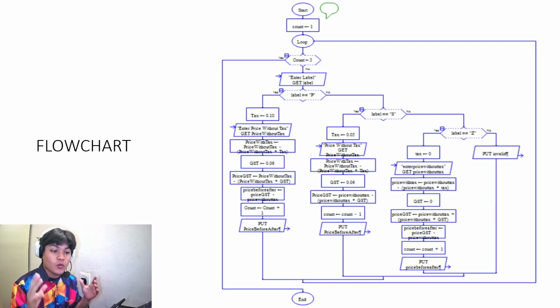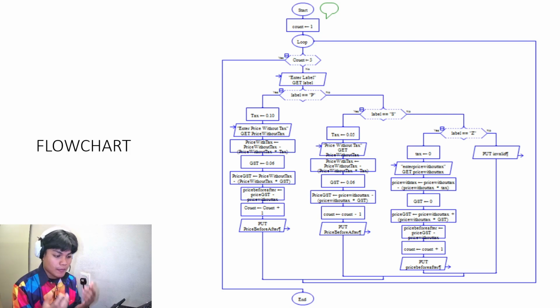I will continue the presentation about flowchart. Firstly, we need to run the flowchart until it pops up to enter the label. So we need to enter the label P and enter the price without tax, which is 9.54. And repeat the same step for S. Enter the label S and enter the price without tax, which is 19.91.